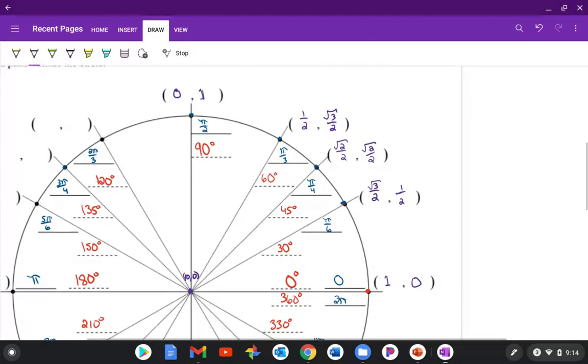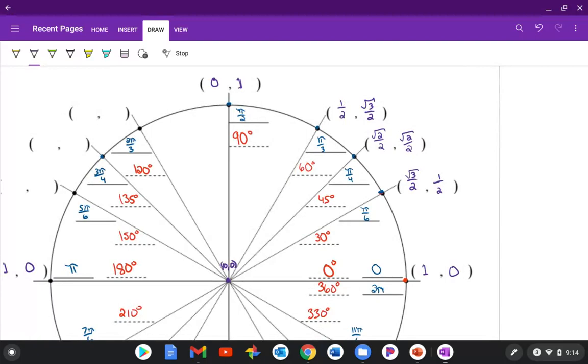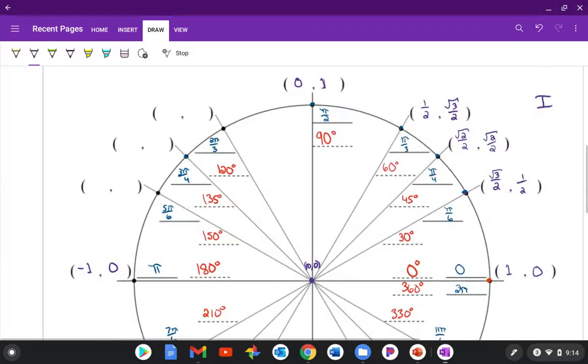Okay. Now, once you memorize one quadrant of this, it actually isn't too bad, because all of the other quadrants, so this is our first quadrant, right? Quadrant 1. All of the other quadrants are the same. The only thing that's going to change is the signs, whether they be minus or plus. In the first quadrant, x and y were both positive, but in the second quadrant, all the x's are negative.